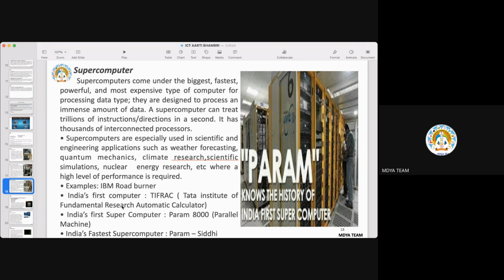Nowadays, I think one or two more supercomputers are there in India. One is Airavat, which I remember as the largest and fastest supercomputer of India. Just search, and you can add that into your notes.